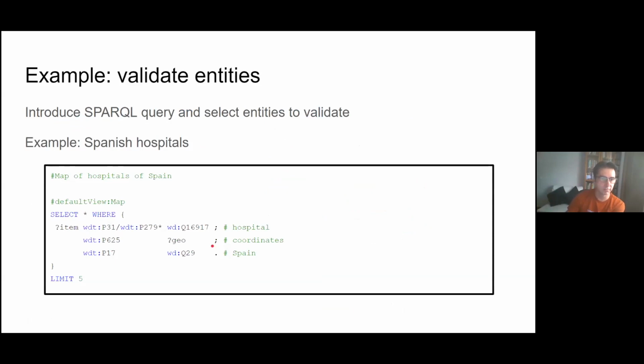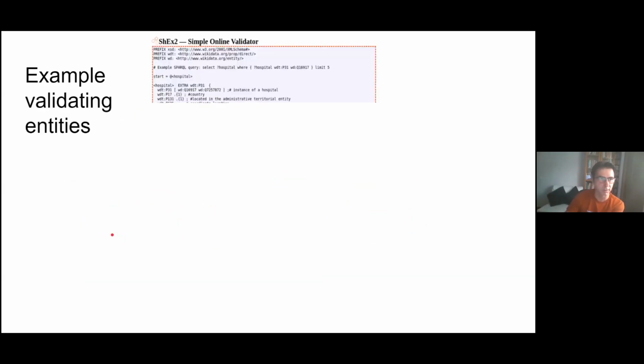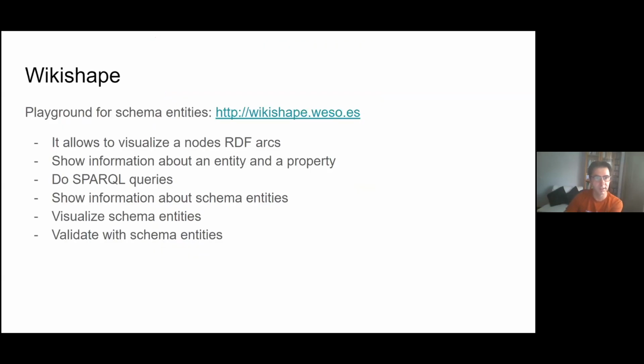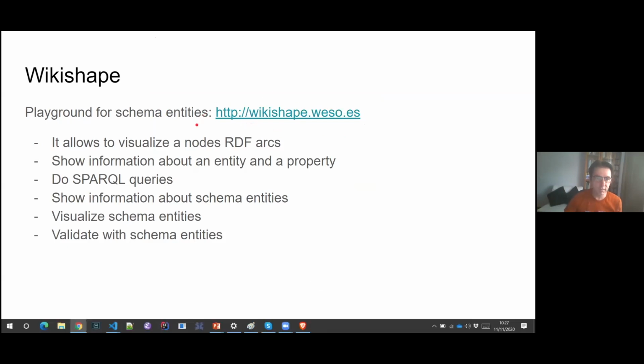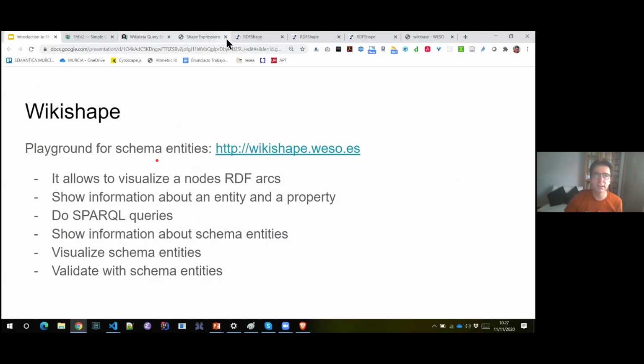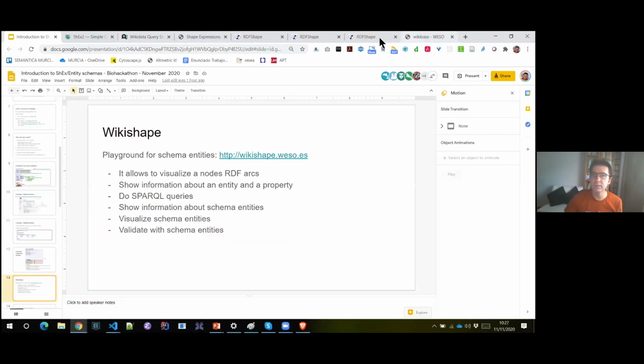You can do a SPARQL query and validate the entities that you obtain from that query. And this is the sample of validating hospitals that we have already done. This is the Wikisave tool that I have shown already. The Wikisave tool sometimes is also useful.